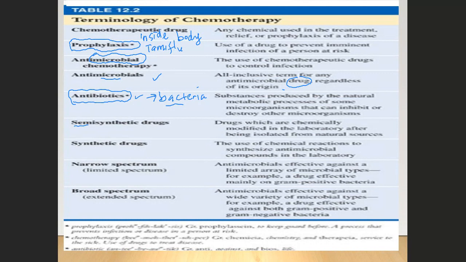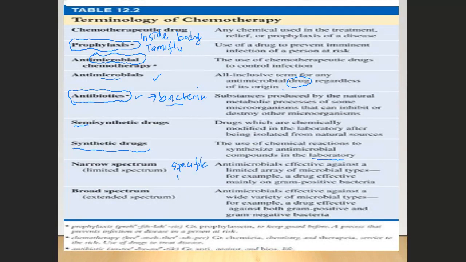Synthetic drugs are drugs that are modified in the laboratory, in a pharmaceutical factory or laboratory. Narrow spectrum drugs are drugs or medicines that are only used for specific infection.